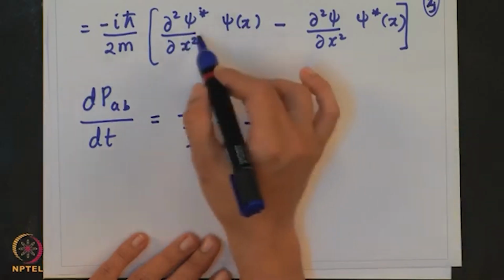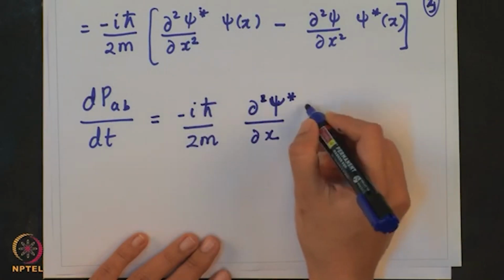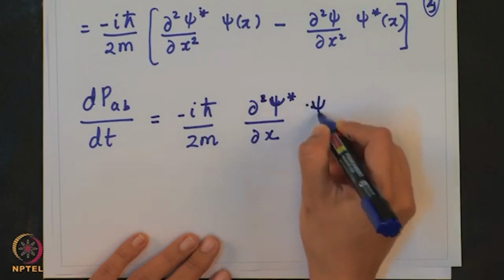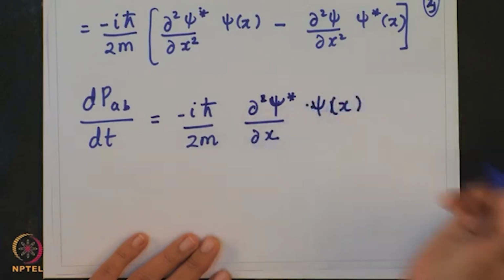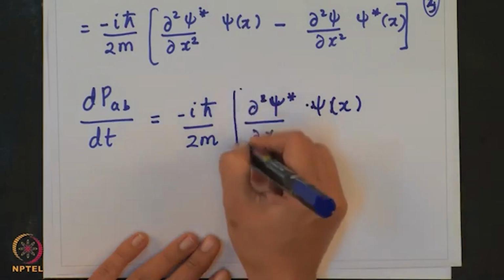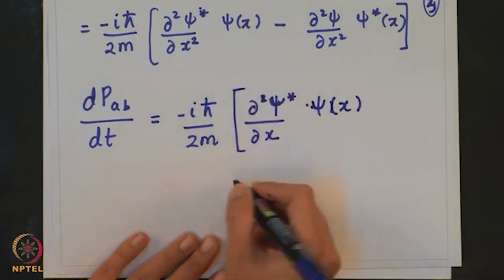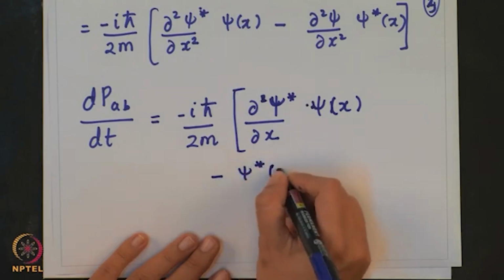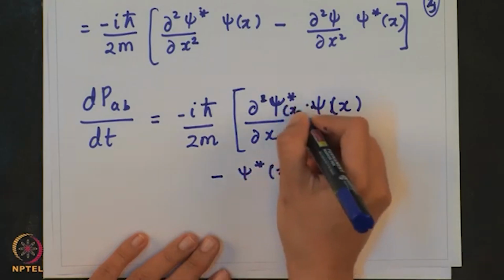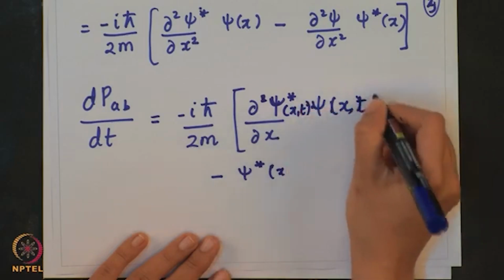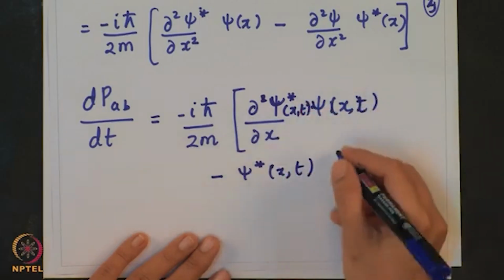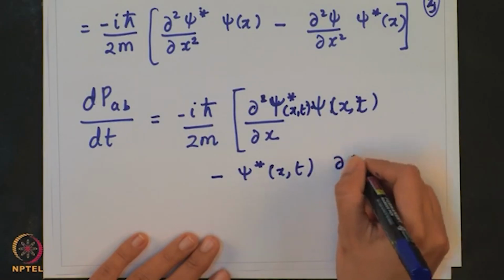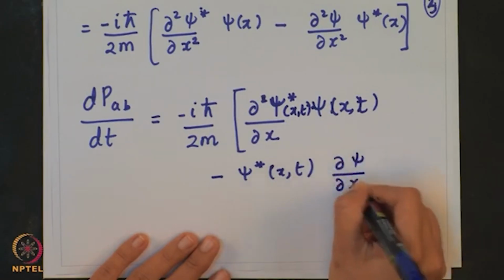When I am doing integration by parts, I will obtain d psi of x, minus, I will write here psi star of x. I am missing the argument everywhere. If you write it everywhere, or you can just use this shorthand notation, x.